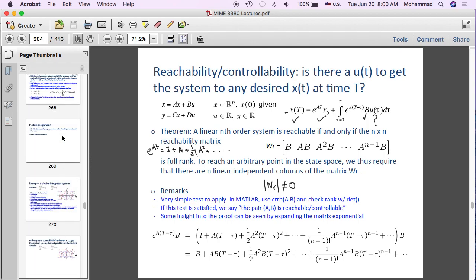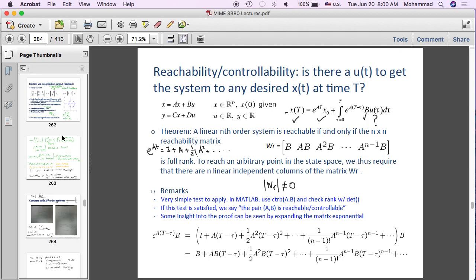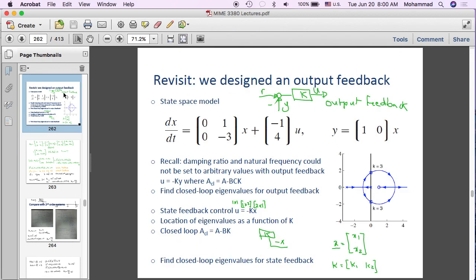For example, for one of the systems that we repeatedly look at, this blue figure on the slide here is the root locus of the system, which means as we change the controller gain with output feedback only, we could only put the poles somewhere on this root locus.